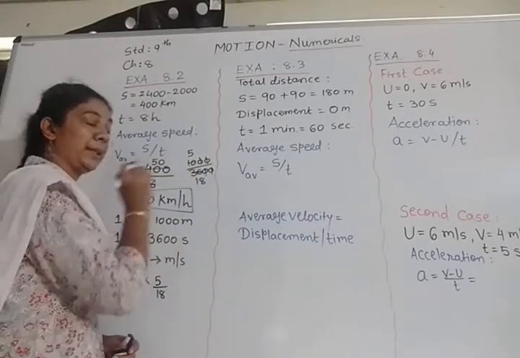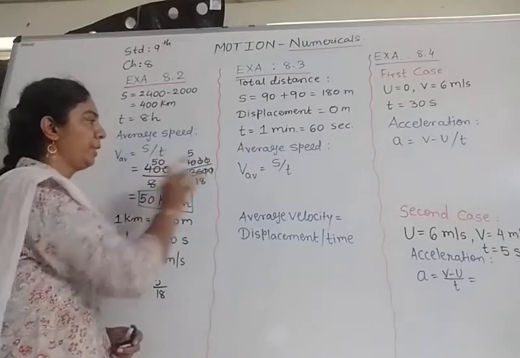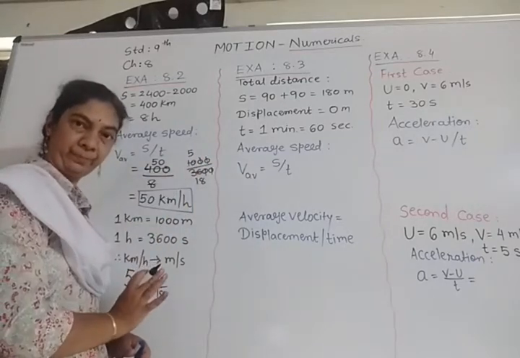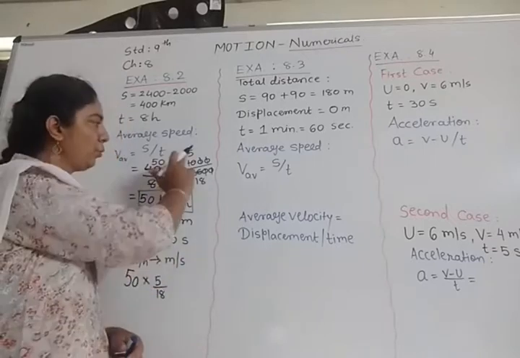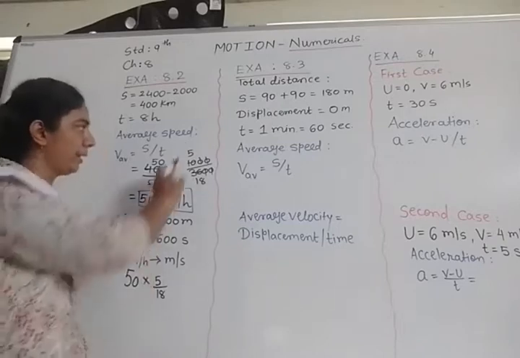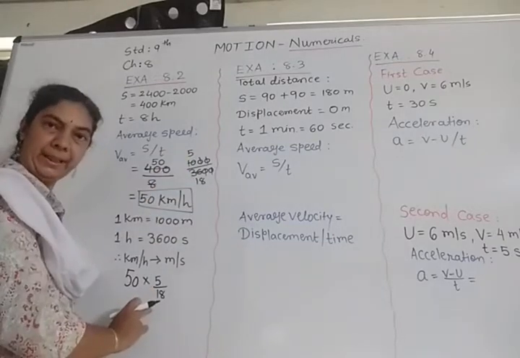So the simplified form of 1000 upon 3600, you can write it directly also, that is 5 by 18.